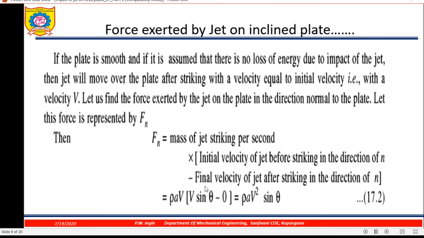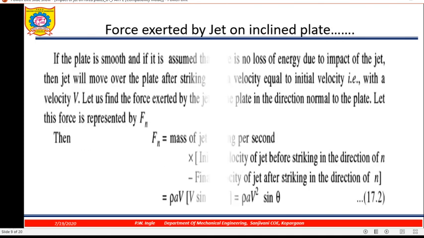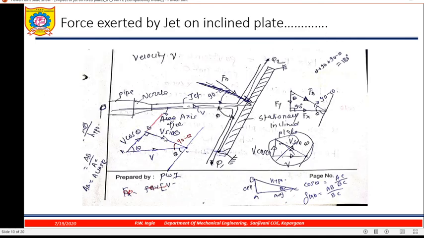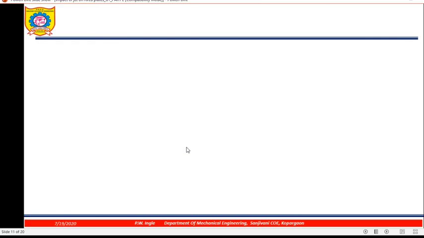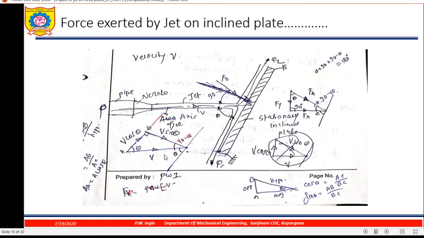So rho a v. What is the initial velocity of the jet before striking in the direction of normal? It is v sin theta. And what is the final velocity of the jet after striking in the normal direction? It is 0. So you are getting rho a v square sin theta. This is the equation for normal force.